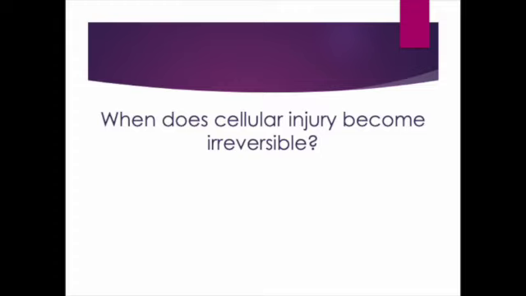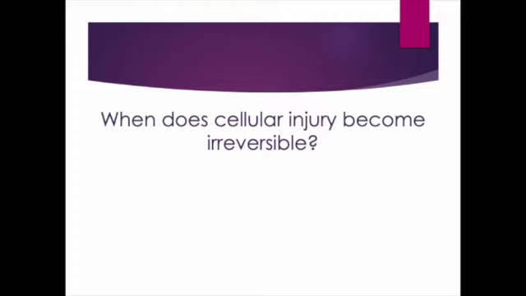When does cellular injury become irreversible? When the damage to the cell is so severe that the cell's essential functions and structures are irreparably compromised, leading to overall cell death. And this typically occurs when the injury surpasses the cell's ability to repair and restore itself.